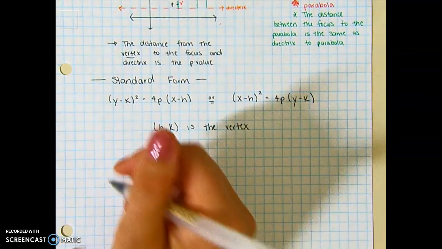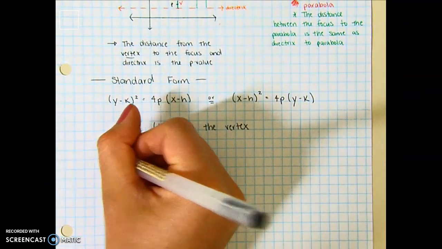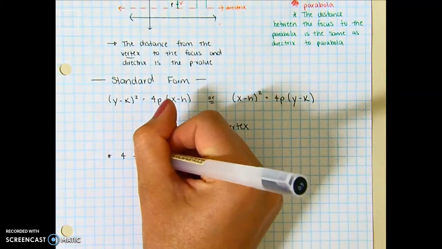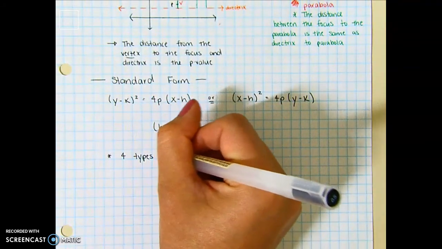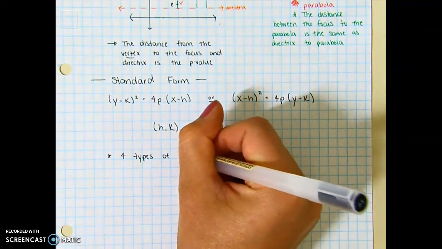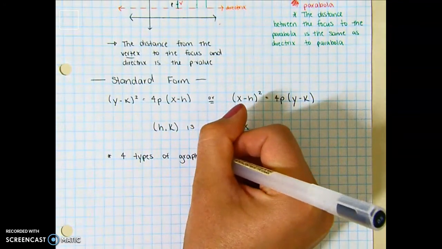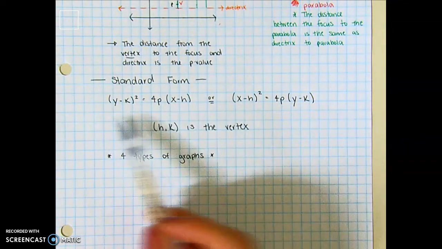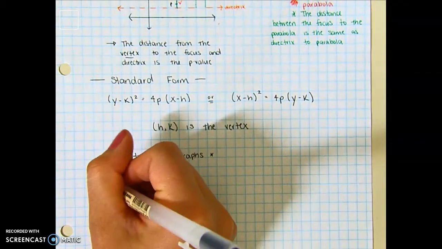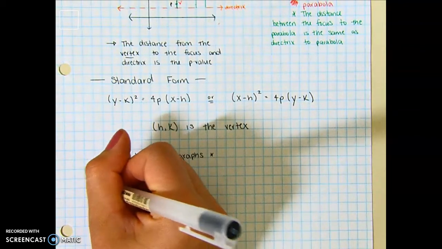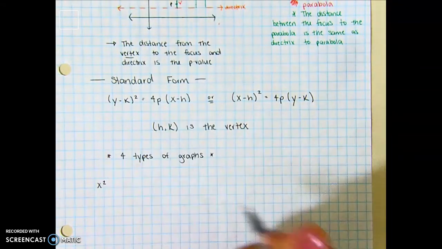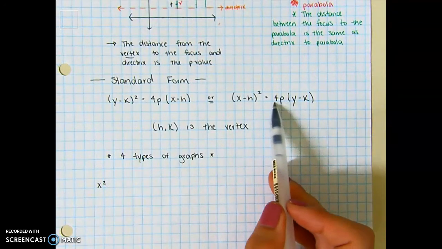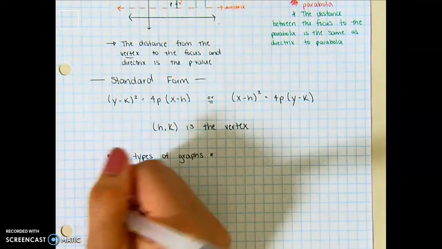Okay, so there's 4 types of graphs, and this will be the last thing for this video. The 4 types of graphs depend on if it's x squared or y squared. And the other thing that matters is 4 times p, is this positive or negative?